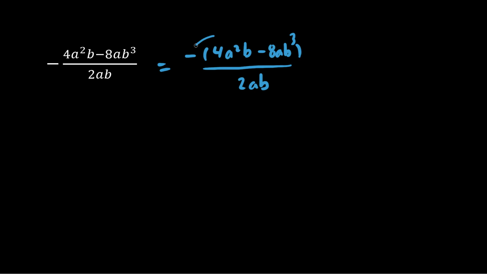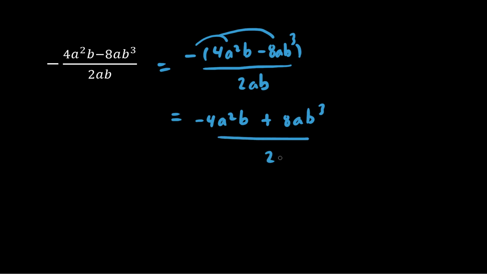So we distribute this negative to the first term and to the second term. So we have negative 4a squared b, negative times negative is positive 8ab cubed, all over 2ab. We now apply the heart of love, and we divide this way and this way.